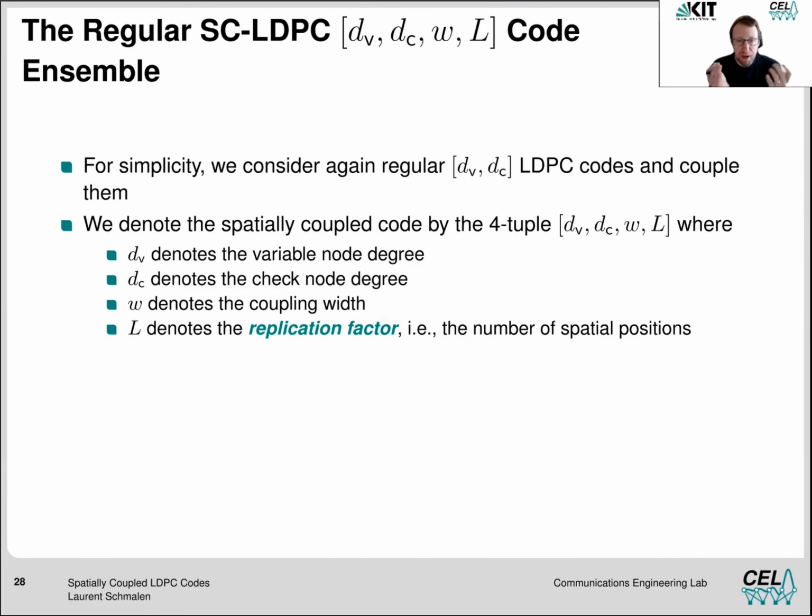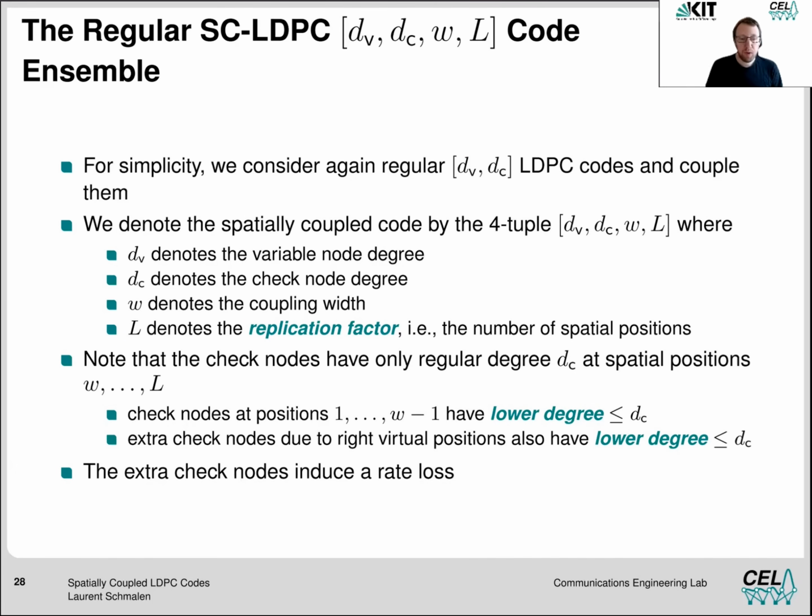So we can formalize this. We started with this (dv, dc) LDPC code, and we generated a new code that we indicate by a 4-tuple (dv, dc, W, L). W denotes the coupling width, and L is the replication factor. So how many of those spatial positions do we have?